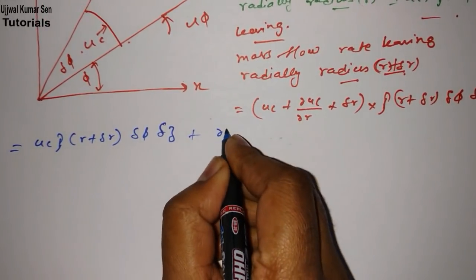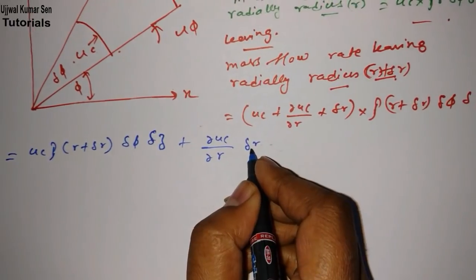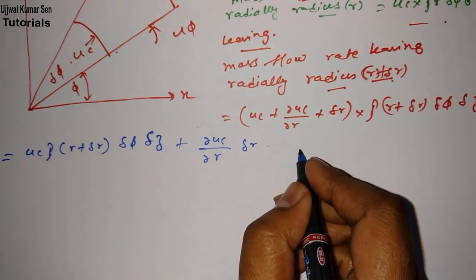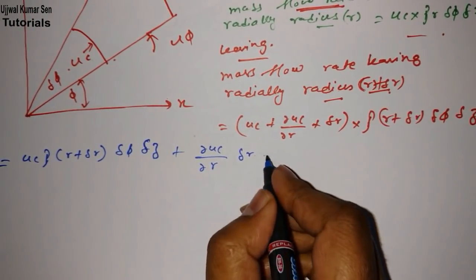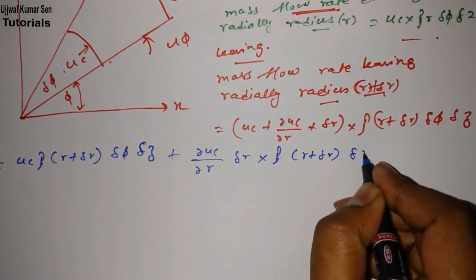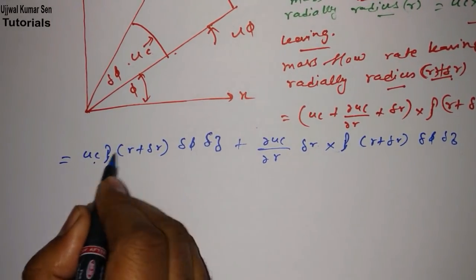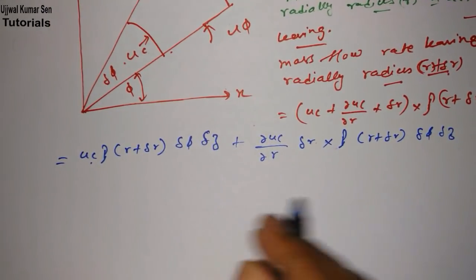So here what will we get? ∂u_r by ∂r Δr, the same thing I am writing here, and then ρ (r plus Δr) ∂φ ∂z, right? Now again we have to multiply. We will get two terms from here and two terms from here.